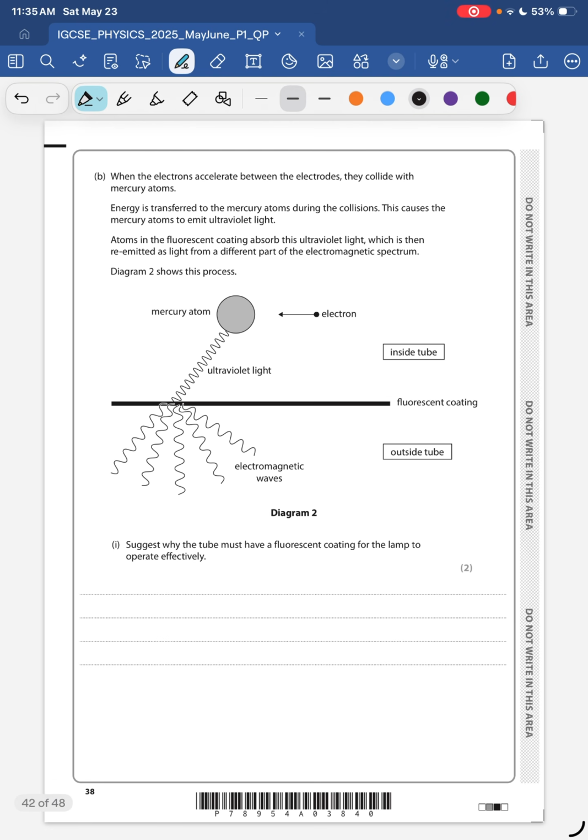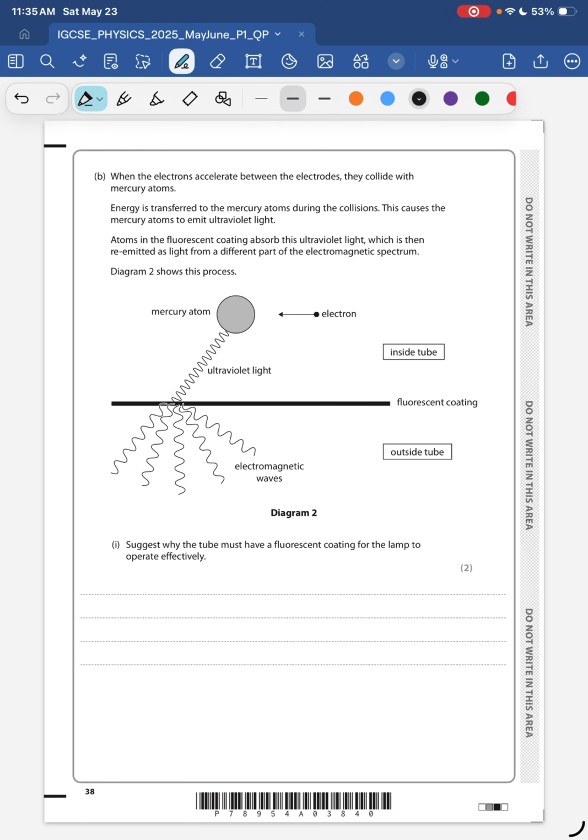B. When the electrons accelerate between the electrodes, they collide with mercury atoms. Energy is transferred to the mercury atoms during the collisions. This causes the mercury atoms to emit UV light. Atoms in the fluorescent coating absorb this UV light, which is then re-emitted as light from a different part of the electromagnetic spectrum.